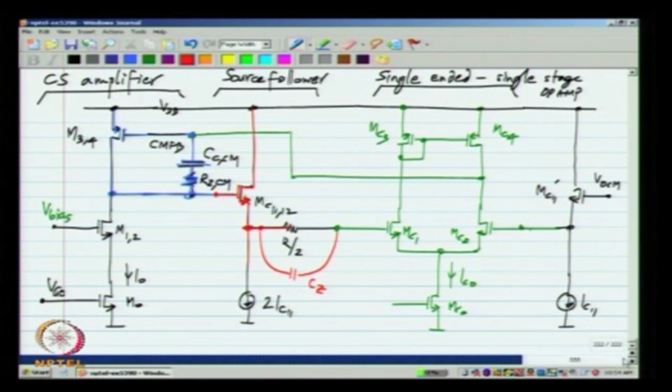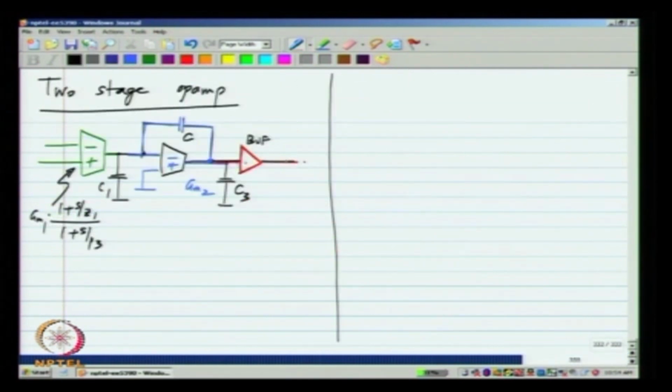In addition to all of this, we also have this in the loop. Okay. So, you see that the loop is completed around this entire thing. This loop is an unity feedback.